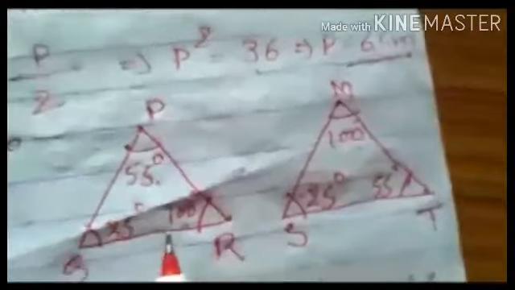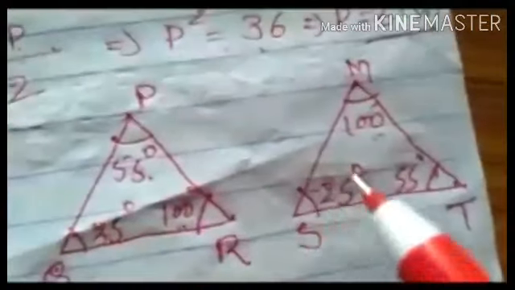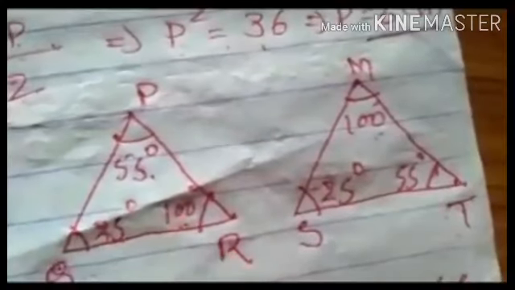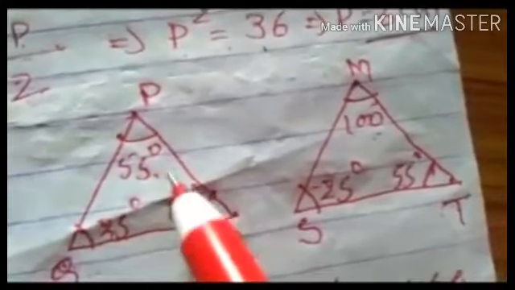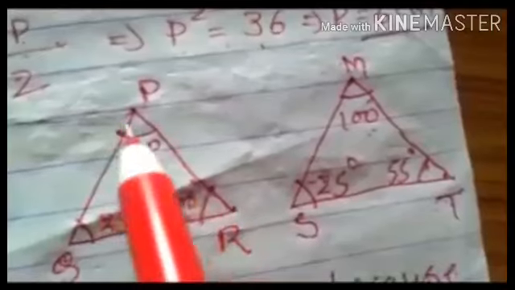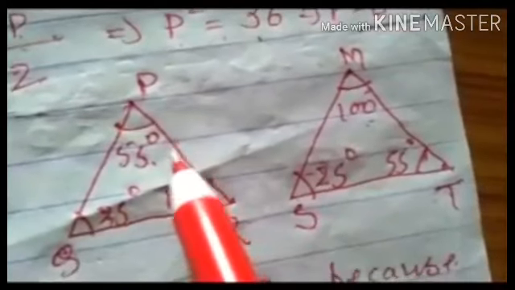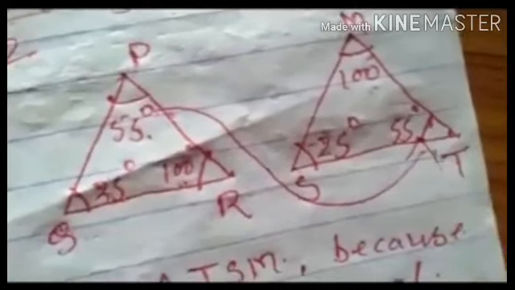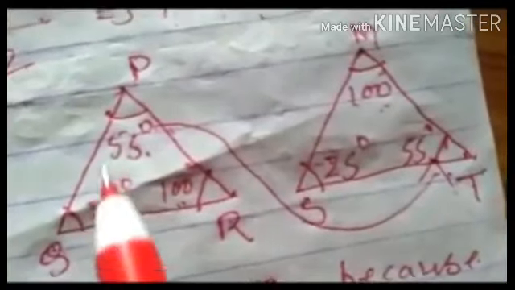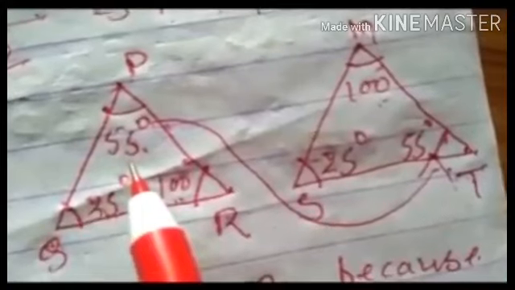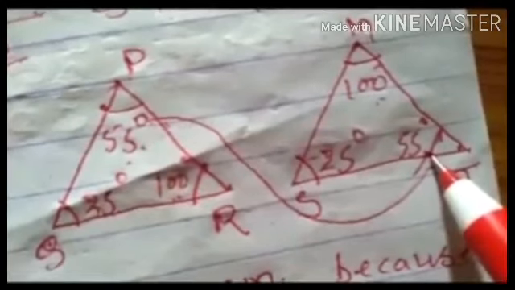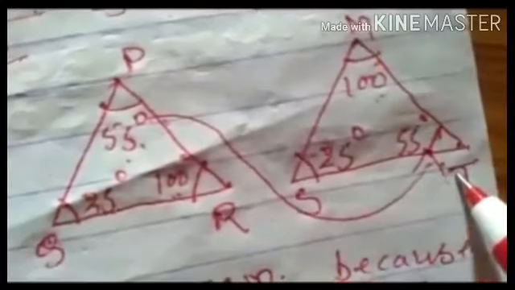So now all three angles of both triangles are known, and from the figure you can see that angle P is equal to angle T. Angle P was 55 degree in triangle PQR, and angle T is 55 degree in triangle MST.